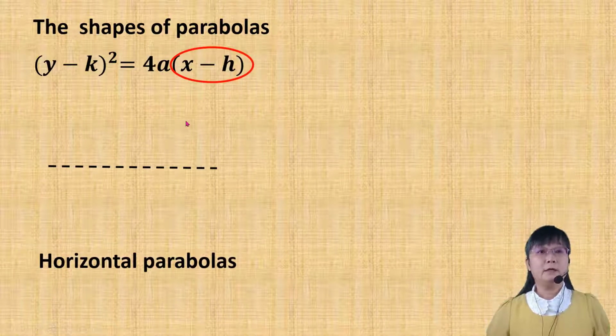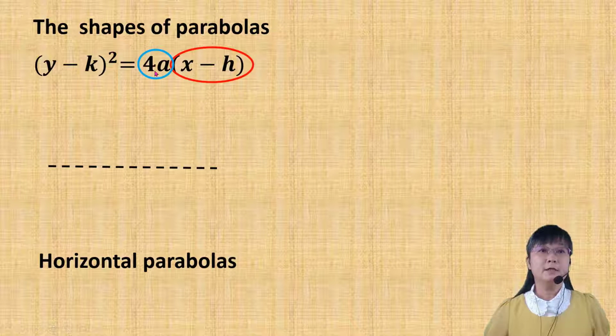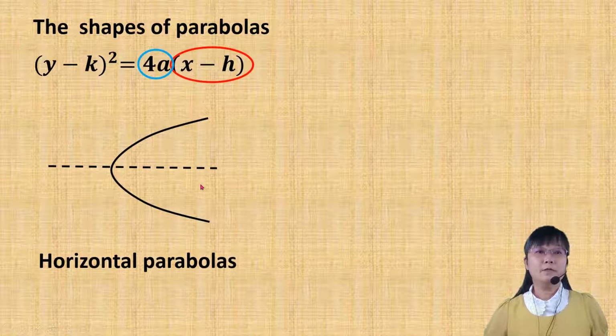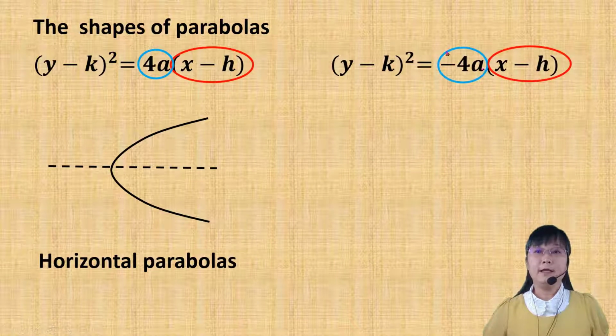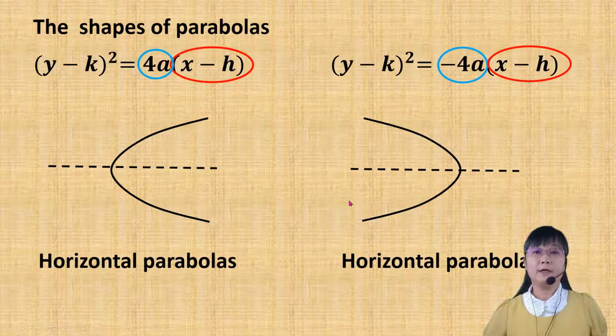But we know that for a horizontal parabola, the shape can open to the right or open to the left. So to determine the shape of the parabola, it depends on the constant here. If a is positive, then the parabola opens to the right-hand side. If a is negative, then the parabola opens to the left-hand side.